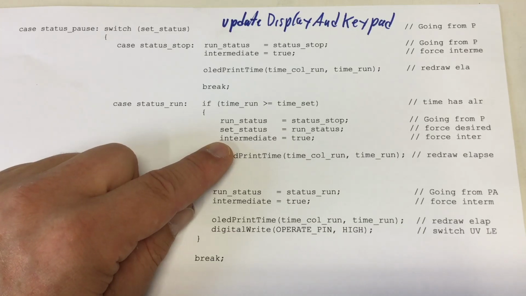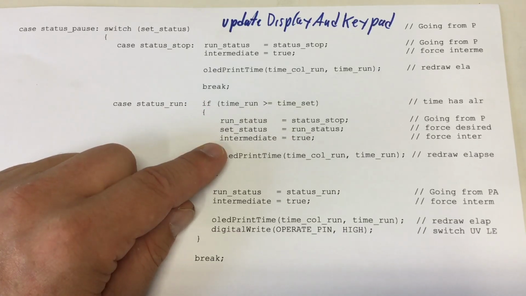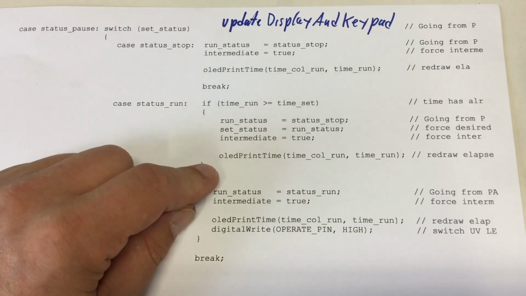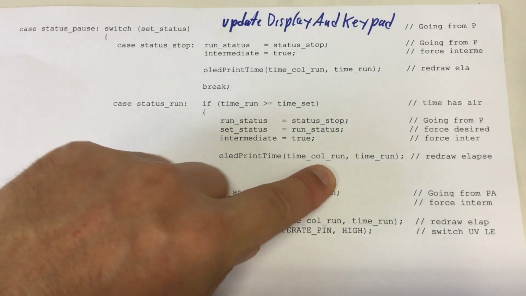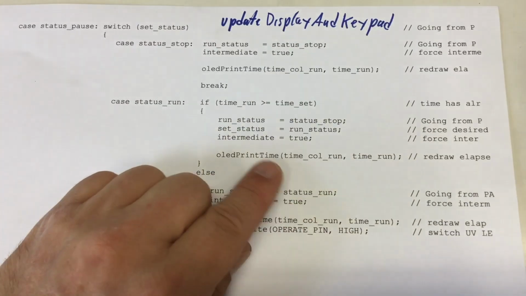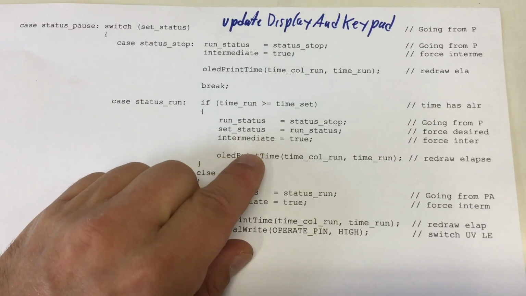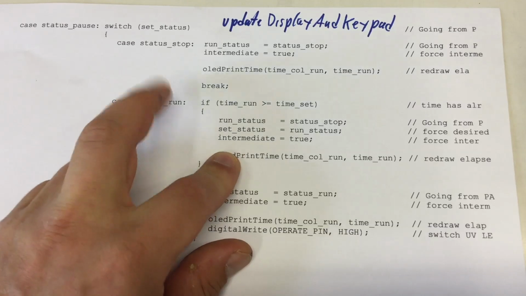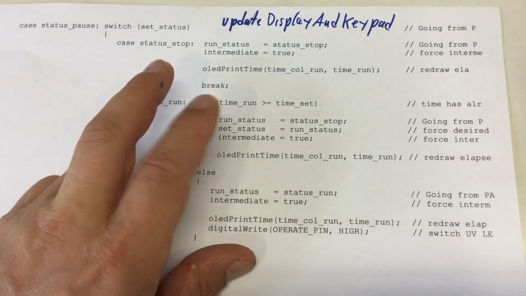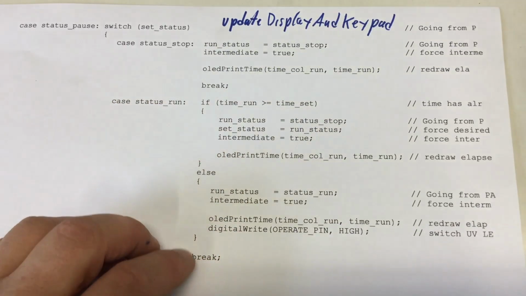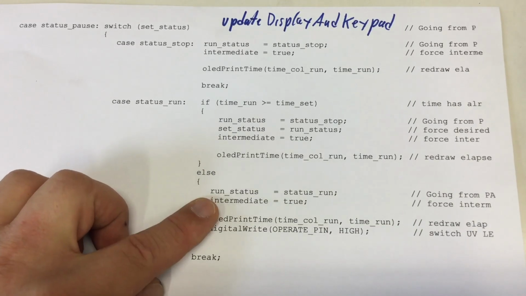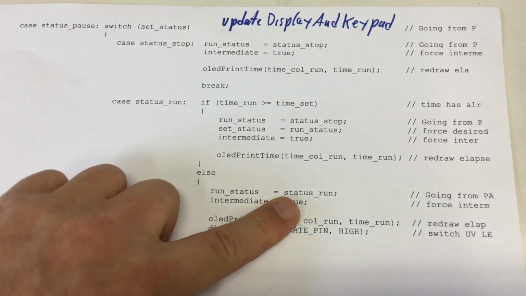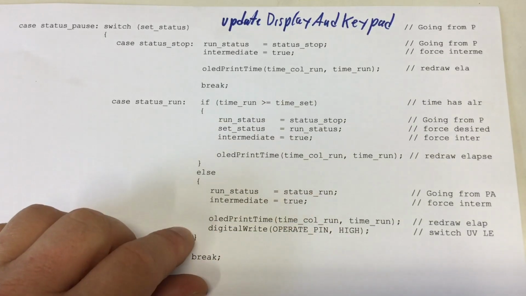Force intermediate true, so because I'm going to the stop status, it will immediately blink the digit being edited on the right hand side, and I will redraw the runtime, the elapsed time, in case a digit was missing here, because we were pausing and blinking the whole thing. Nothing was displayed at all. In all other cases, our run status will resume as run.